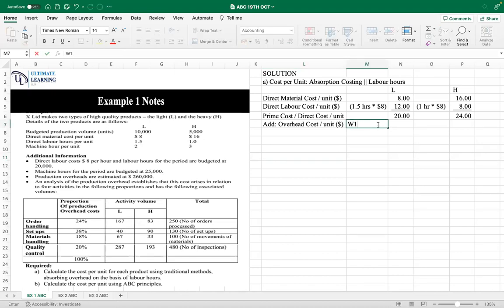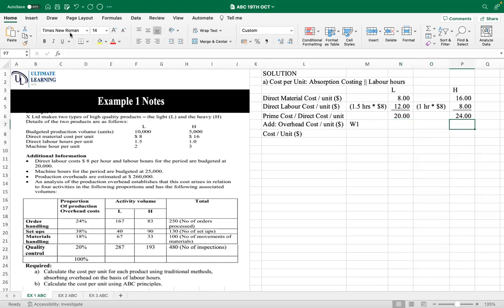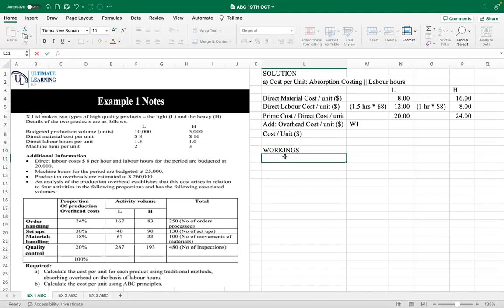I'll call it working 1. We will do some working to enable us get it. And when you add overheads to the prime cost, that is what gives you total cost per unit, which of course is also in dollars in this question. So that is how we will get it, but we are not done. We are still about to account for overheads. And then now I'll come for my workings, and I'll have working 1.